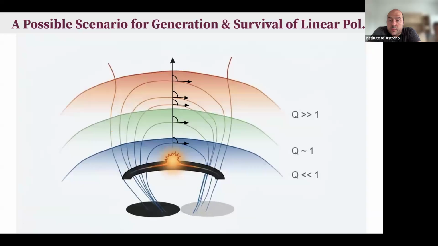So naturally, you would expect to see more linear polarization at the lower frequencies as opposed to the higher frequencies. So if you are able to image between 300 or 250 megahertz and 80 megahertz and see how the degree of linear polarization changes, you could perhaps confirm this theory.